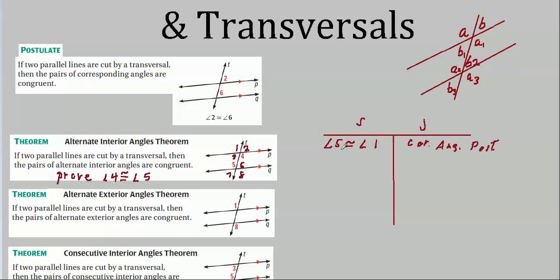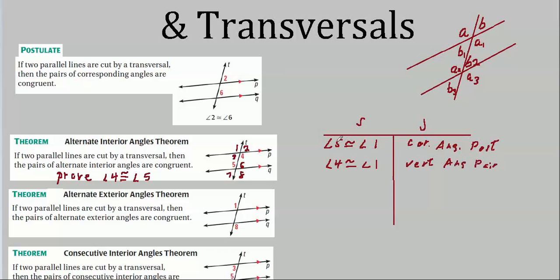What else do we know? Well, how about angle 4 is congruent to angle 1 because they form a vertical angle pair, which we already know are congruent.